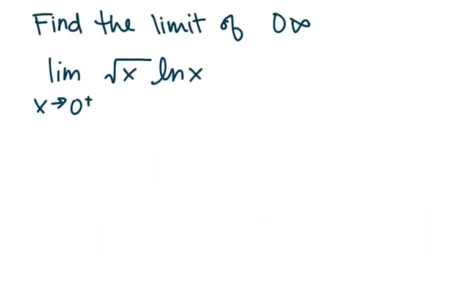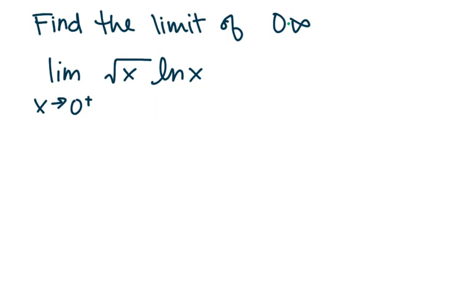Okay, so let's look at what happens when we have an indeterminate form such as 0 times infinity. We said we need 0 over 0 or infinity over infinity, and this is not that. So we need to come up with a way to make it look rational so that we can apply that.